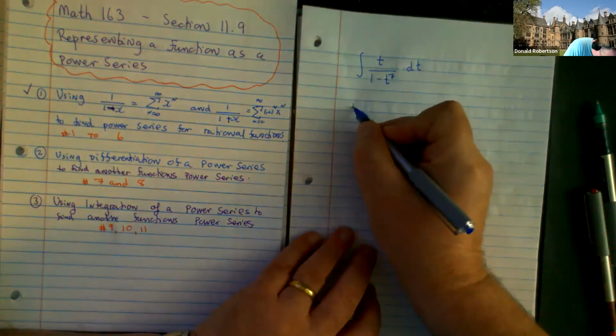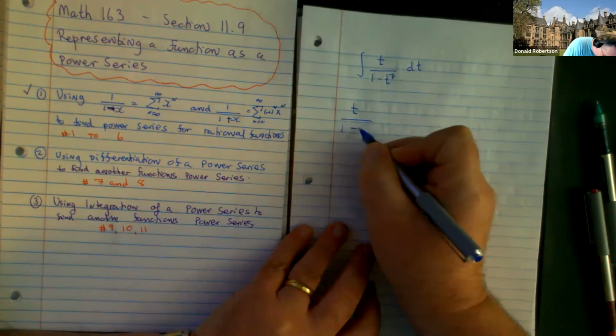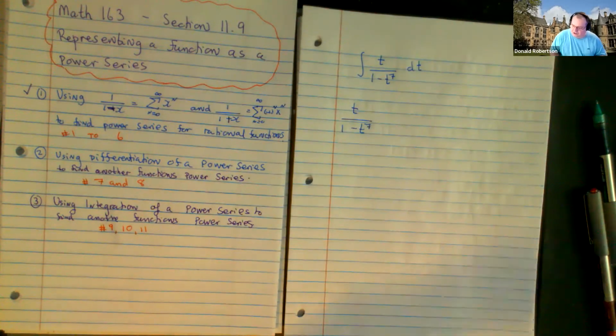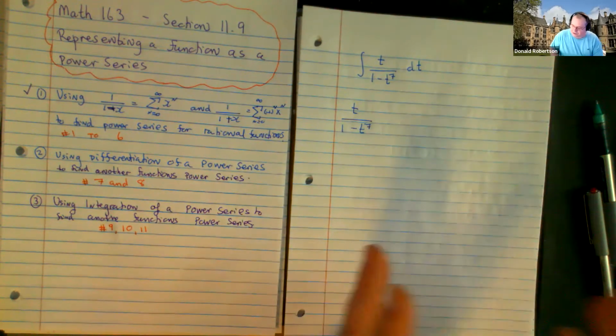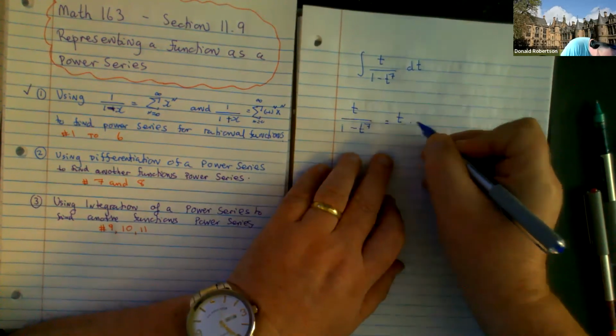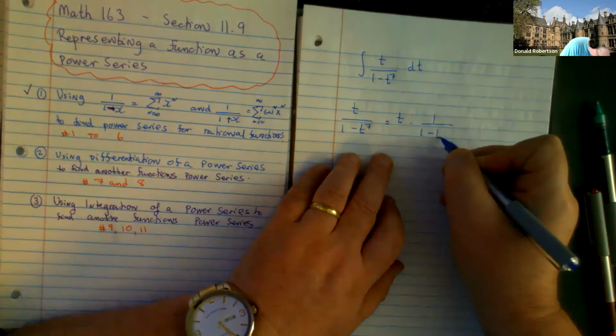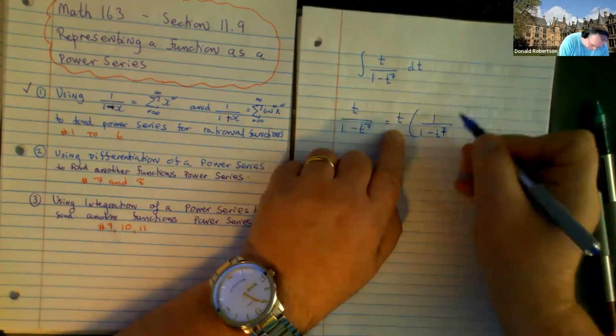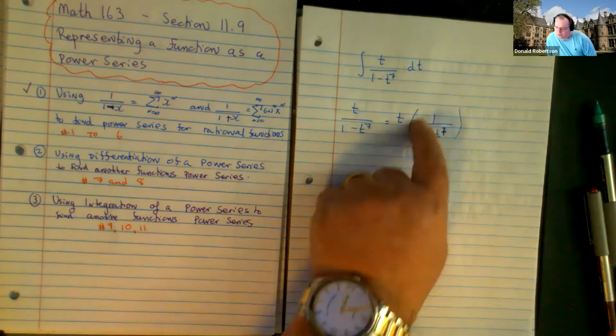And so I'm going to find the power series for this guy, and then I'm going to integrate it. That's the strategy: find the power series and then integrate it. In this case here, not sure you need this line, but I'm putting it in anyway. Can we pull out the t and then just focus on that?